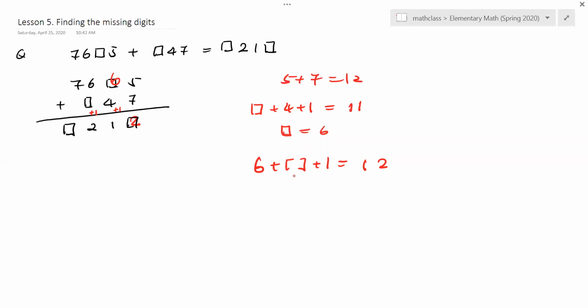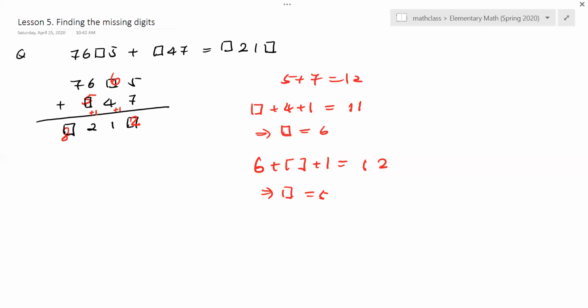So clearly this number is going to be 5. Once you get that, the rest of them is easy, and the final answer will be 8 here.